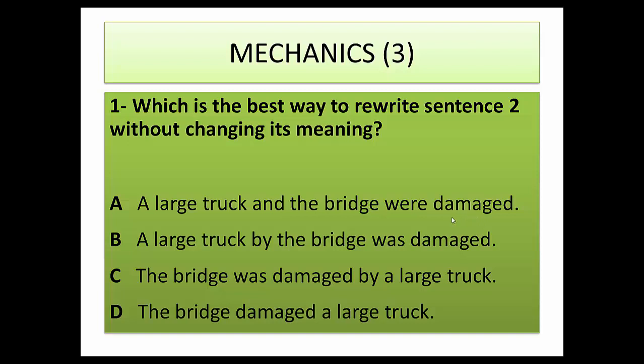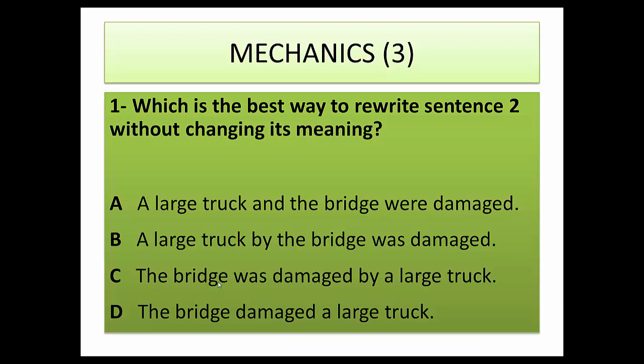A large truck damaged the bridge. A large truck and a bridge were damaged. In fact, both of them were damaged, of course. You can imagine a car or a big car or a truck. You can imagine what a truck is. Crashed into a bridge, so both of them will be damaged. Maybe it's sentence number A. A large truck by the bridge was damaged.